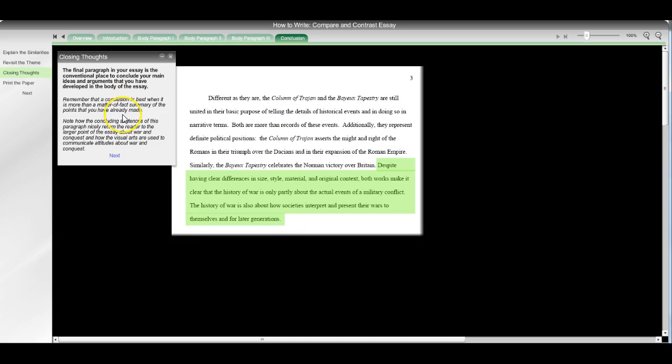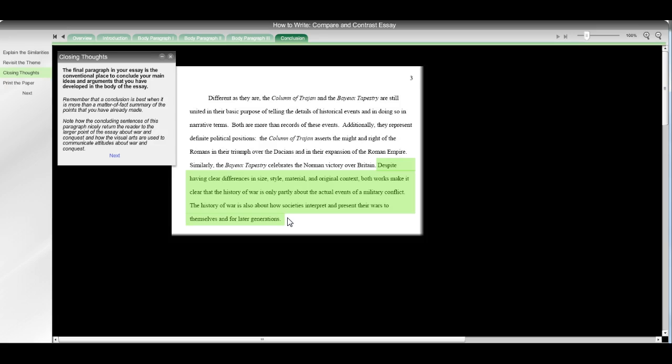Next screen. Number 18. Our closing thoughts. The final paragraph in your essay is the conventional place to conclude your main ideas and arguments that you have developed in the body of your essay. So notice this green highlighted area down here in conjunction with what I just said.